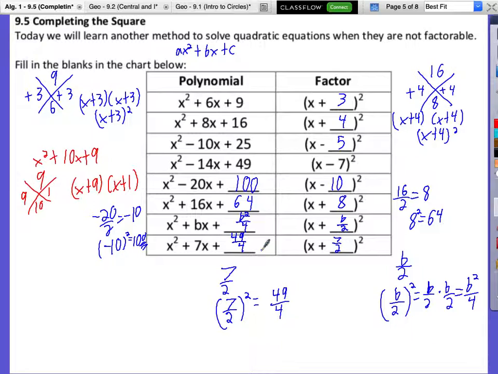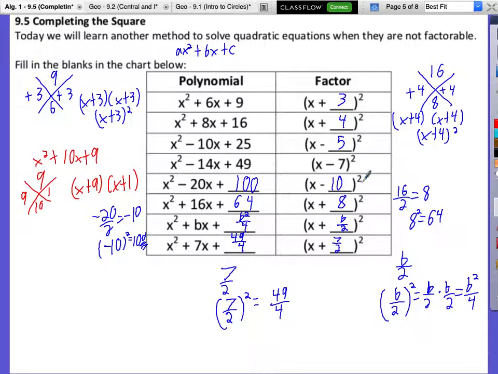Okay, so what we did was we quote unquote completed the square. So we started off with x squared minus 20x plus, and if we put any other number in here besides 100, we wouldn't have gotten something squared.